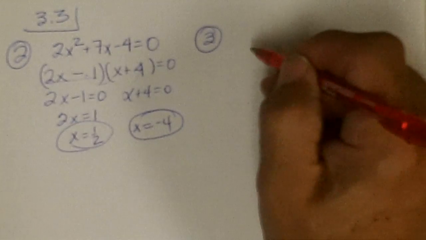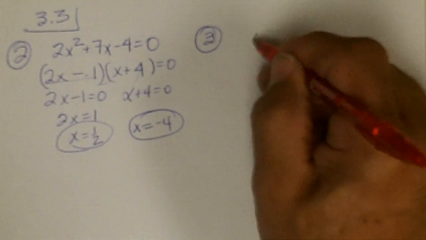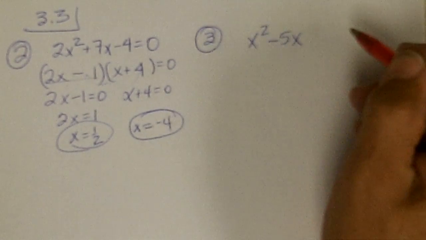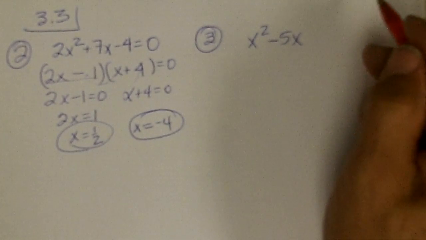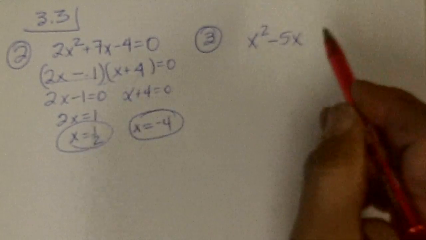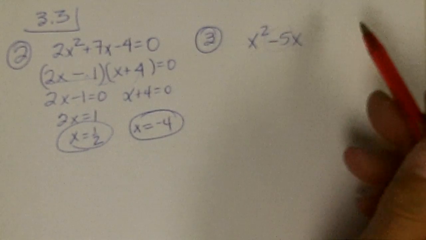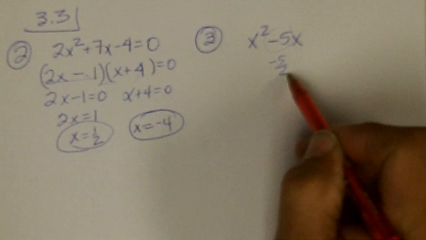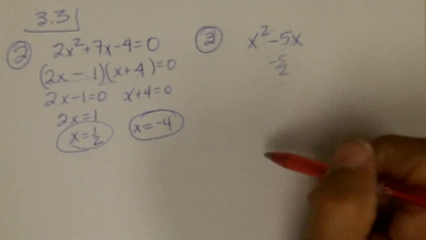And number 3 says, to complete the square on x squared minus 5x, you would add the number. Well, you would take half of the b, which would be negative 5 halves, and square it.